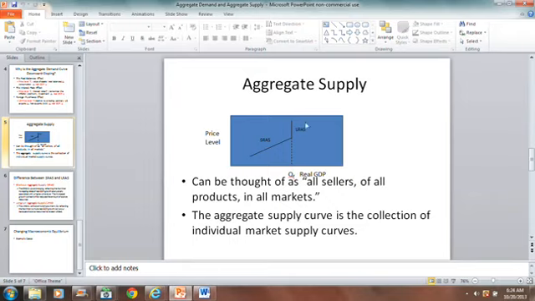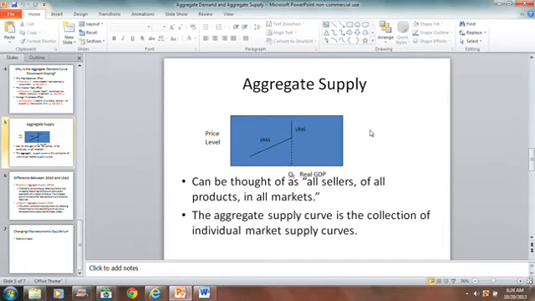You can think of the aggregate supply curve in general as reflecting the behavior of all sellers of all products in all markets, so we look at all that production collectively. Again, I have price level on the vertical axis and real GDP on the horizontal axis, for the reasons I just explained for the aggregate demand curve.